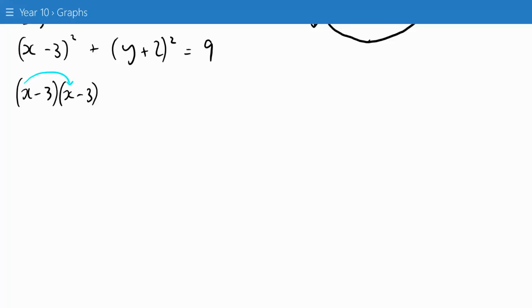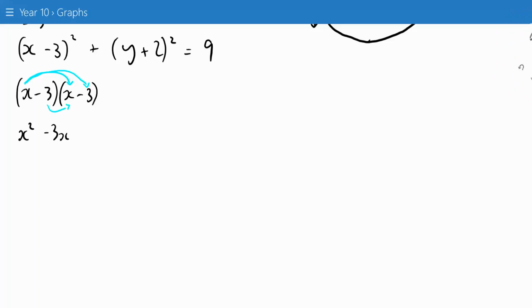First, x times x is x squared. I'll deal with this under here after. Let's just do this first one first. I don't need an equal sign there because I've got one there. This is the same as x squared. Outside, x times minus 3 is minus 3x.